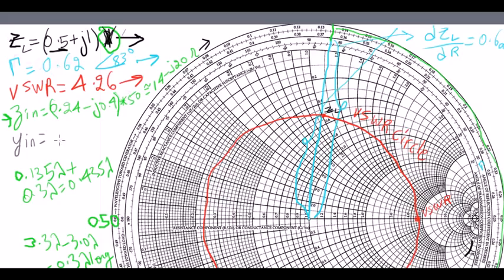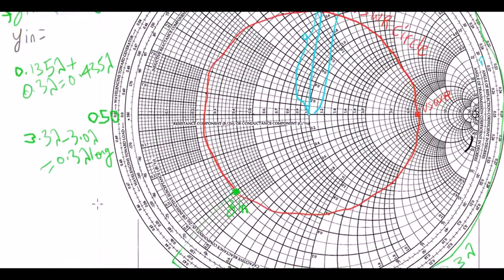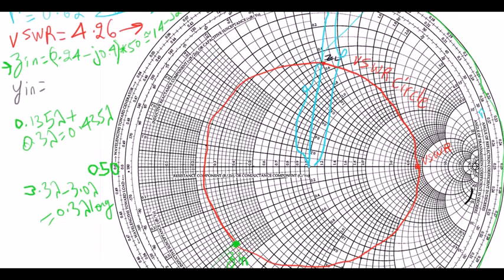So how do we obtain this? Since it's the reciprocal, we just draw a line opposite, trying my best to draw a straight line here. The line here, which is at the opposite end, going through the origin.